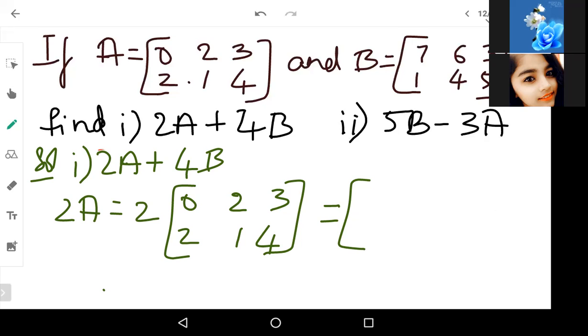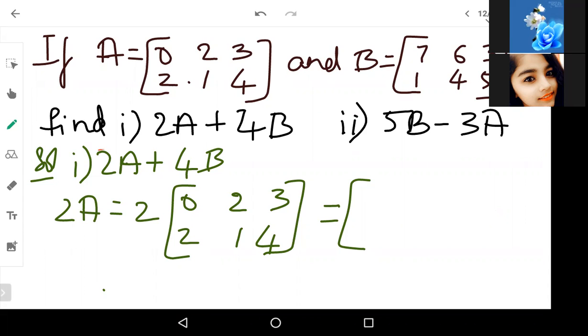Multiply the number into the matrix and find out. 0, 4 is correct. 12 is wrong.